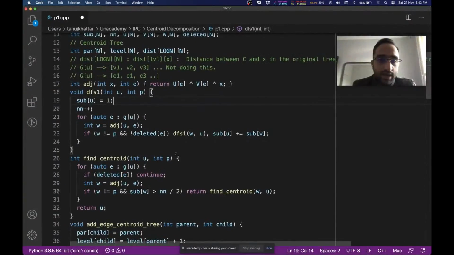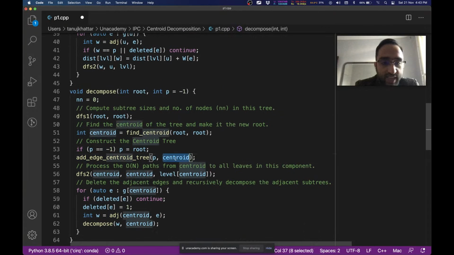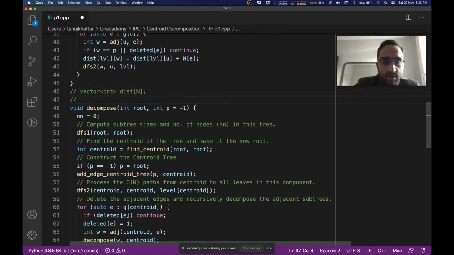So the distance array again. Once I have found a centroid, I want to compute the distance of this centroid from every node which lies in the component of this centroid. To do that, I can either do a dist of n cross n. I cannot do this because n is very large. So I can rather do a vector int dist n, where whenever a node becomes a centroid, I push back.